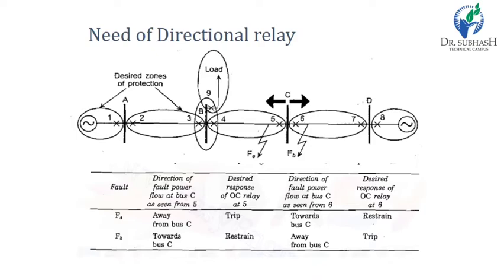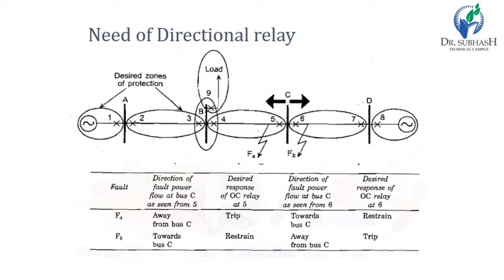So 5 has to trip. The direction of fault current flow as seen from number 6 is towards C, so it will restrain, it will not trip. But in the ideal condition it has to trip to isolate the faulty part, this part.